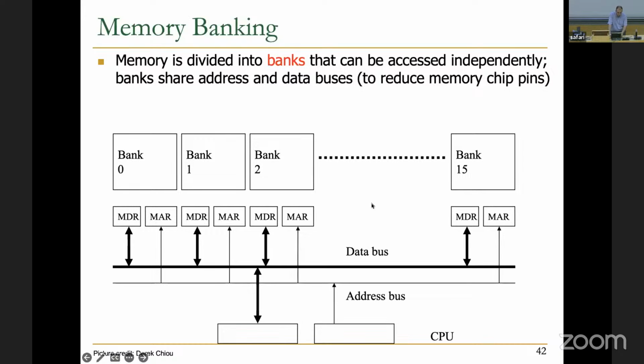As long as you don't have bank conflicts, which means consecutive accesses to the same bank, and you have enough banks, which we will see soon, you're going to sustain that throughput.